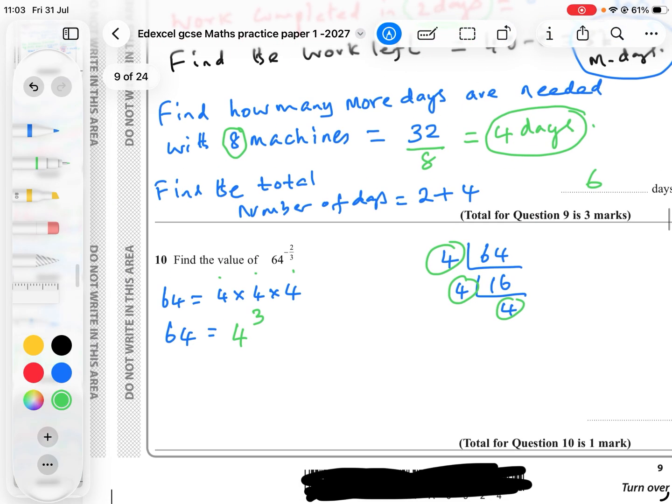Now your question is find the value of 64 to the power of minus 2 over 3. This can be written as, instead of 64, you can write 4 to the power 3.